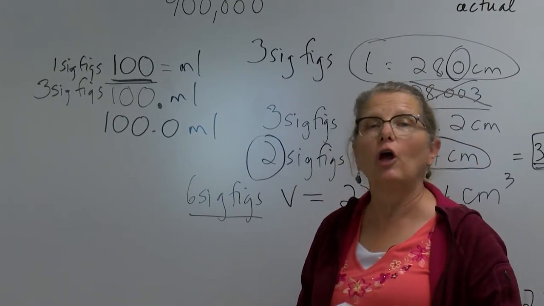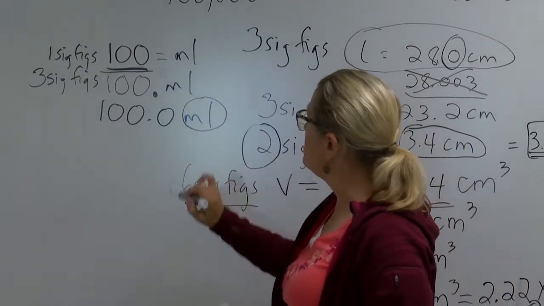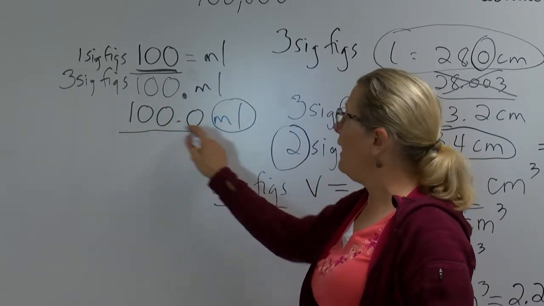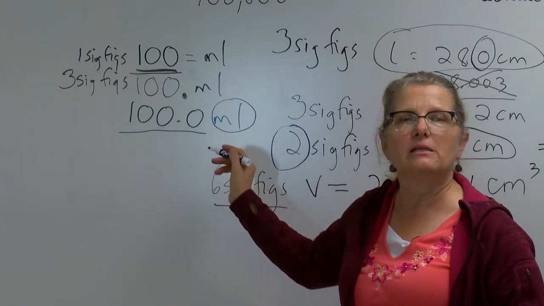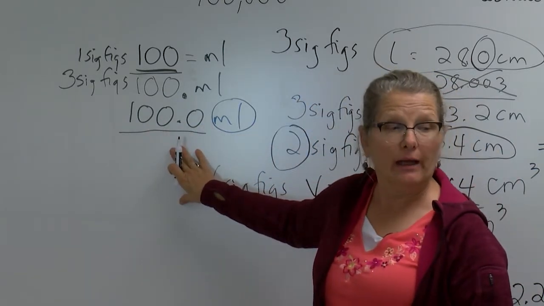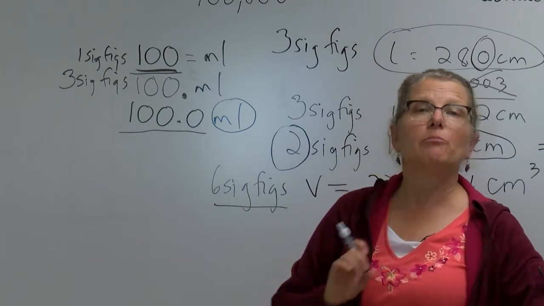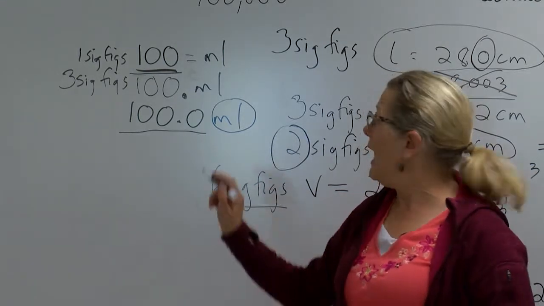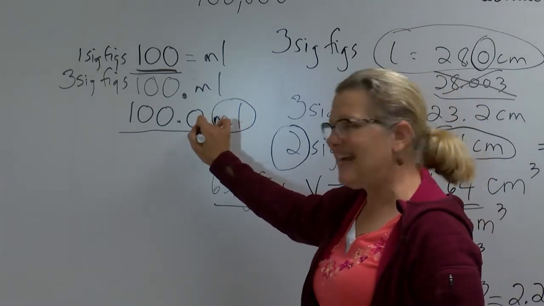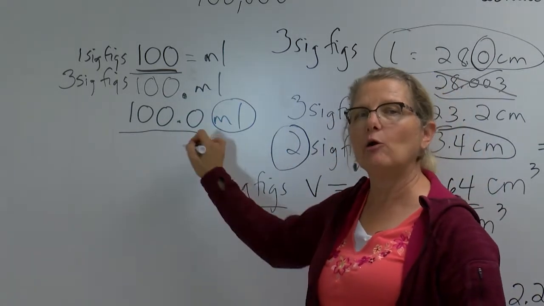You need to know what the unit is. These zeros are not there to place a decimal. These zeros are here to tell you, I measured this very accurately. I measured it with a very precise instrument, and I know I'm within 1/10 of a milliliter that I'm correct.